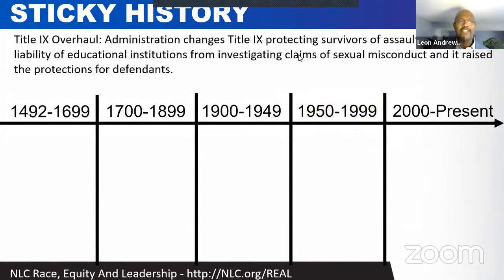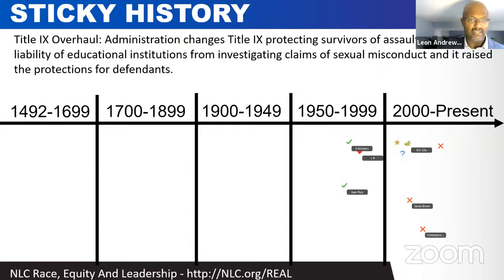The overhaul of Title IX. This was where the administration changed Title IX, reducing the liability of educational institutions for investigating claims of sexual misconduct, and it raised the protections for defendants. So when did the overhaul of Title IX happen, under this administration?